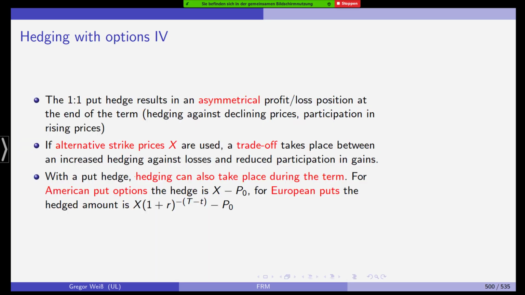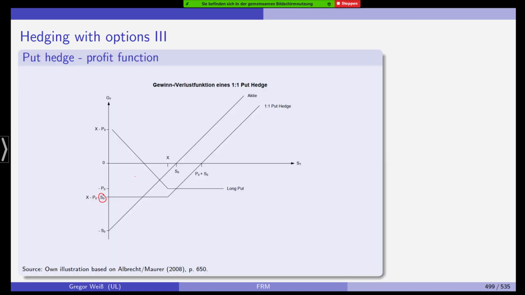Okay. The one-to-one put hedge results in an asymmetrical profit loss function at the end of the term. If we had alternative strike prices, you will have a trade-off between an increased hedging against losses and reduced participation in gains. It's clear from this plot that you're wasting some opportunities.